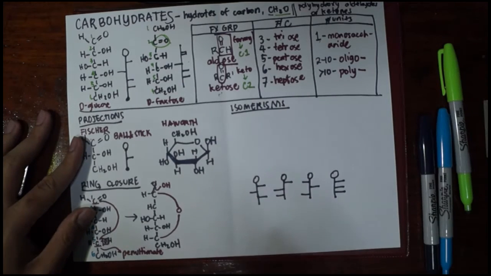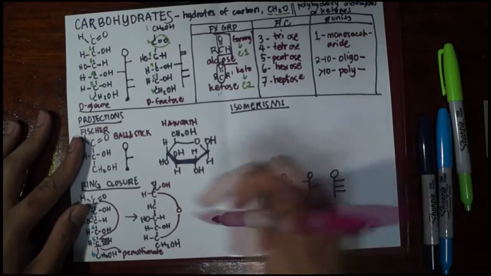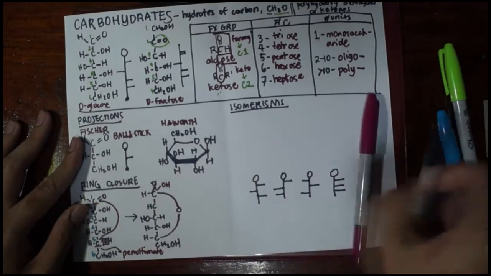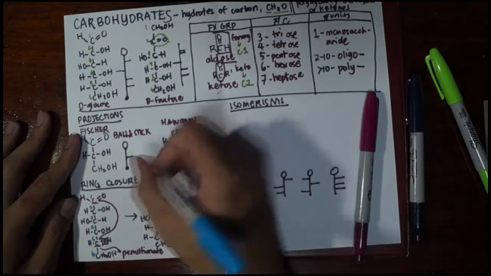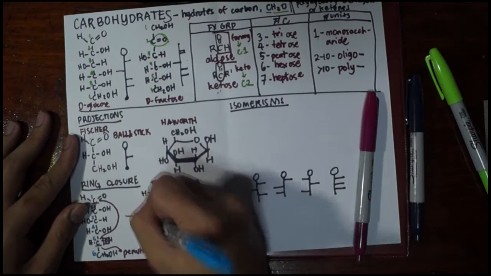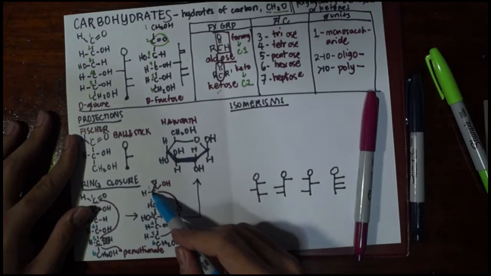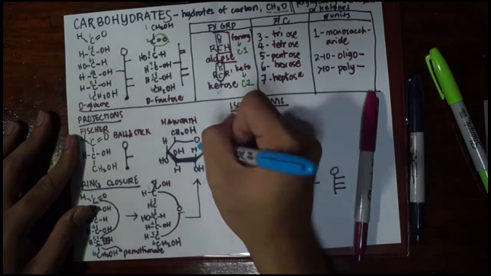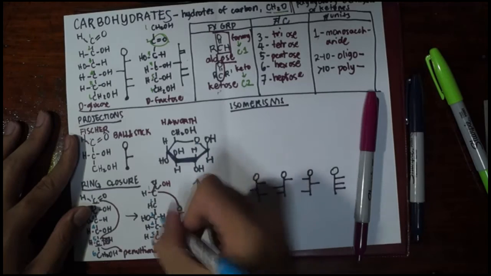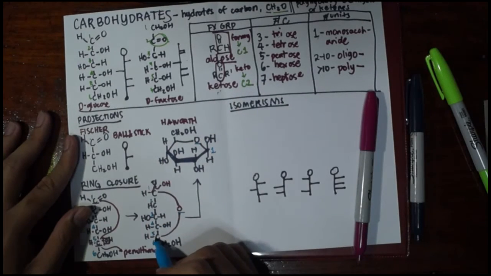So how do we interpret this in the Haworth? How did this become projected in the Haworth formula as this? Let's count the number of carbons, shall we? 1, 2, 3, 4, 5, 6. The ones that form the bridge are carbon 1 and carbon 5. This is the oxygen bridge. This is carbon number 1, and this is carbon number 5.